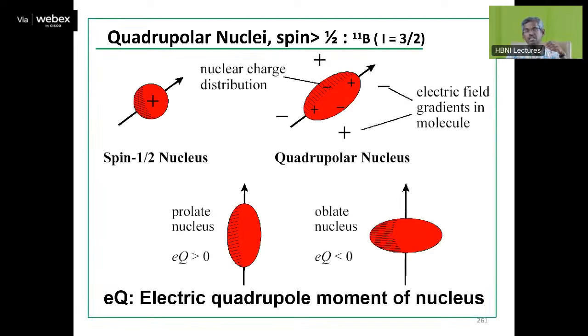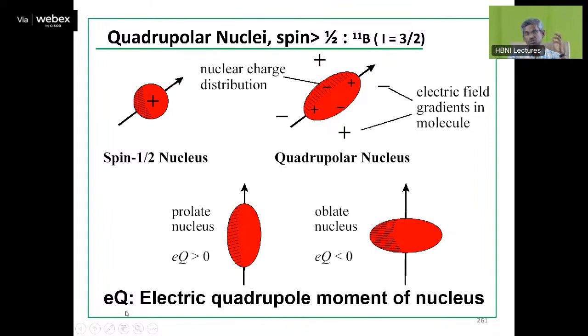By convention, as I told in the last class, if a nucleus is spherically symmetric with spin equal to half, there is no distribution of charge; the charge distribution is spherical. Whereas when you go to a prolate or oblate nucleus, there is a distribution in the charge, and it generates a quadrupole moment called EQ, the electric quadrupole moment of the nucleus.